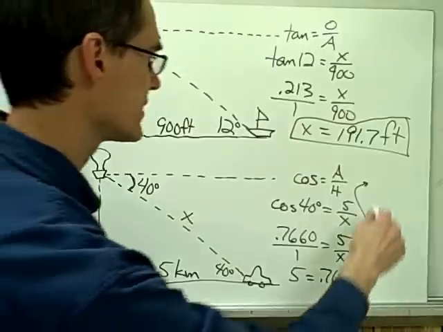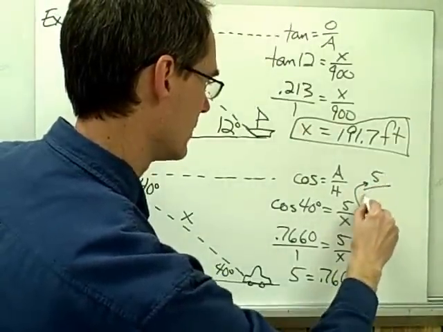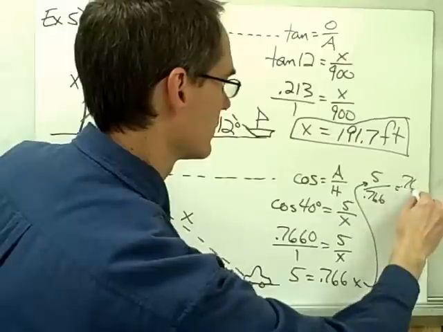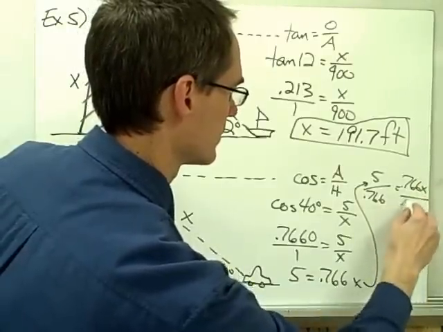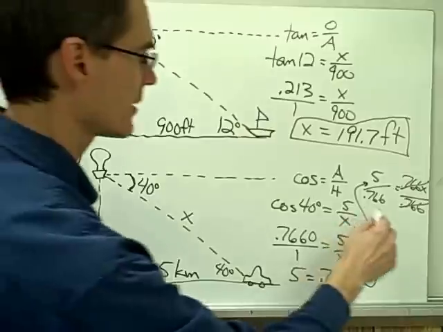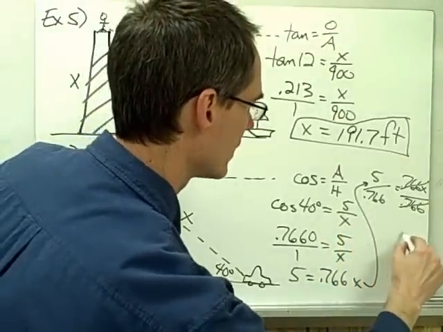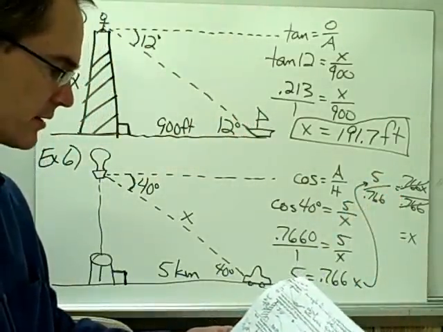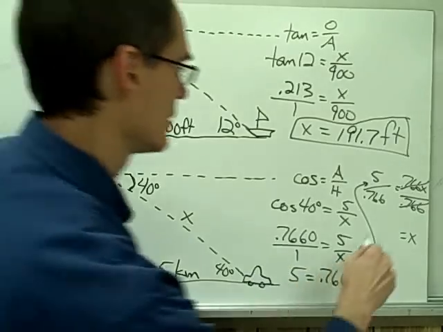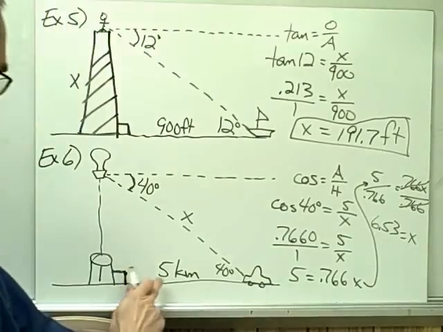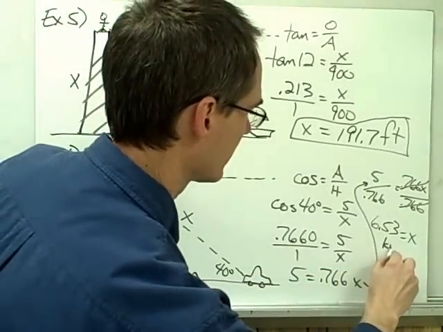I need to divide both sides by 0.766. 0.766 cancels out over here, and I'm left with x equals 5 divided by 0.766, which is 6.53 kilometers.